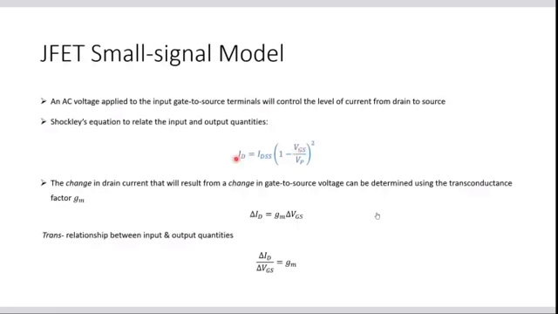Whereas if I substitute VGS is equal to VP in this equation, we have ID is equal to 0.